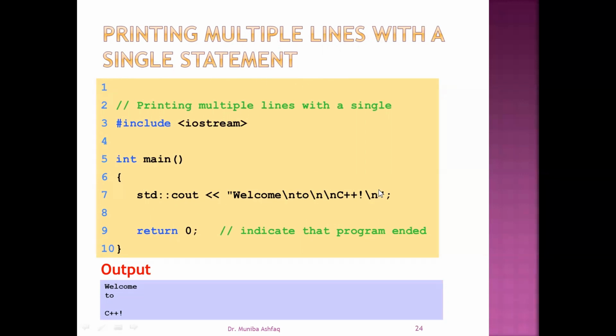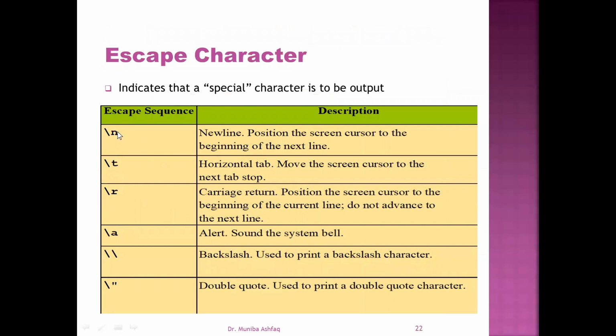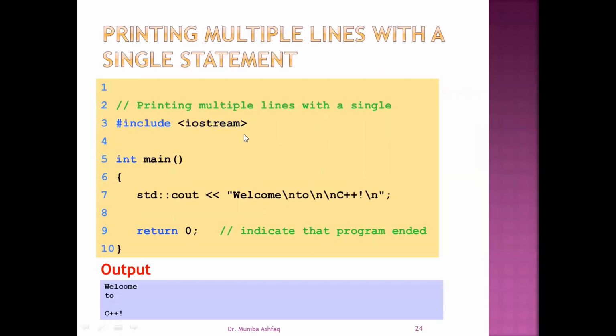So you have a single statement here. You are going to output welcome to C++, but in between we have \n. And what was the purpose of \n? You can see that \n is used to create a new line. So when we execute this program, first of all, whatever is written within these double quotes would be displayed as it is on the console.